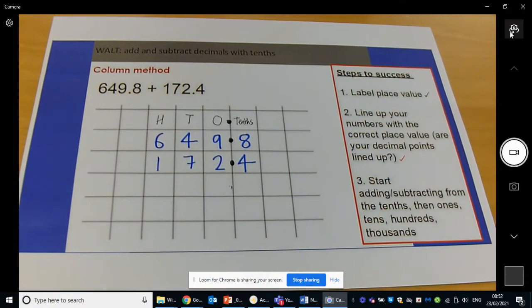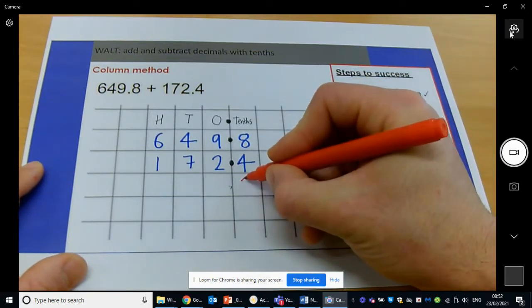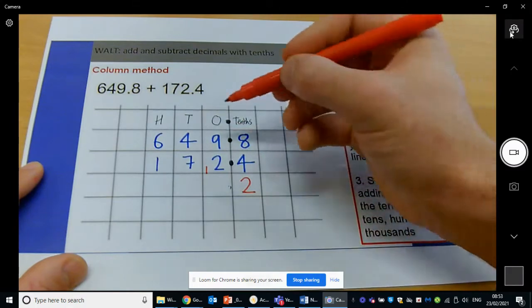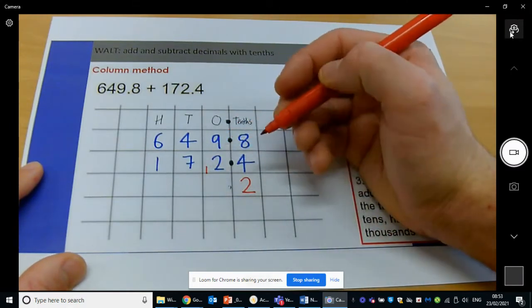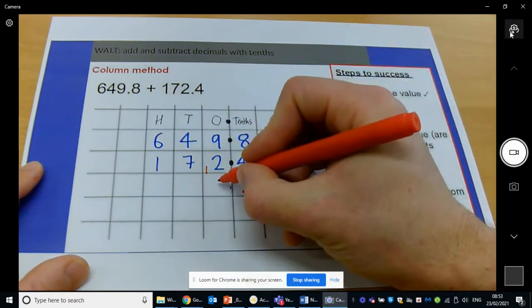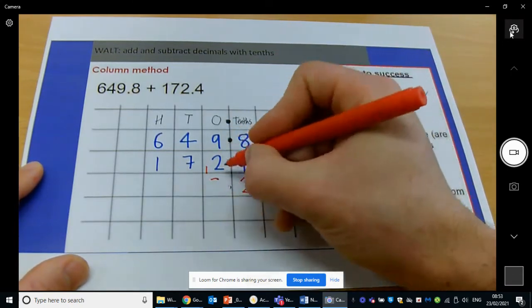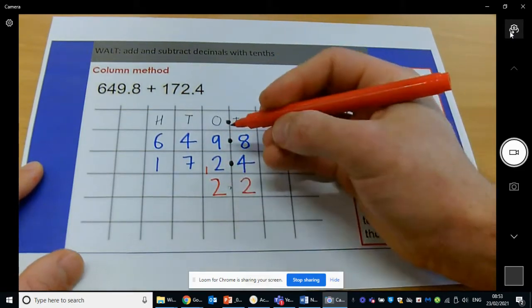We can start adding and subtracting. Let's start from the tenths. 8 plus 4 is 12. 2 carry the 1. 9 plus 2 is 11. Oh, sorry. 9 plus 2 is 11, plus 1 is 12, I should say.